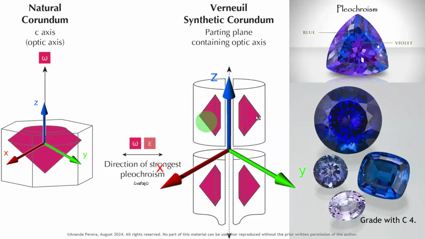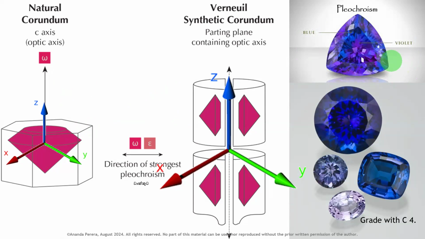pleochroism to the table. So that is what I mentioned here. When we cut stones here, also Tanzanite, we have to think about the pleochroism. That is mainly. Now look at this. When we watch from this side, x-axis, one color is given, on the other side, another color is given, blue and violet.